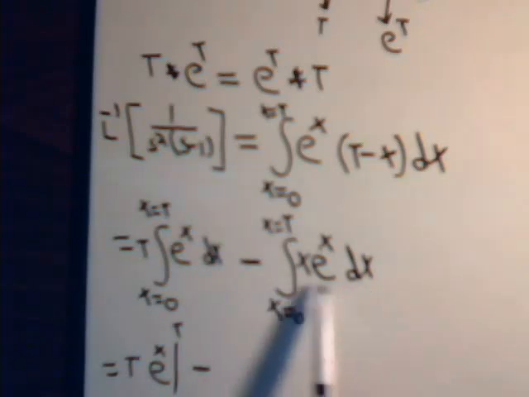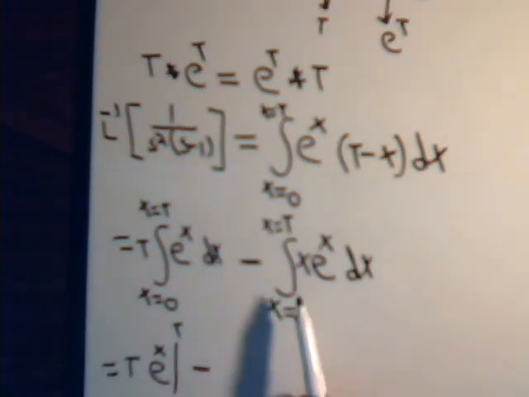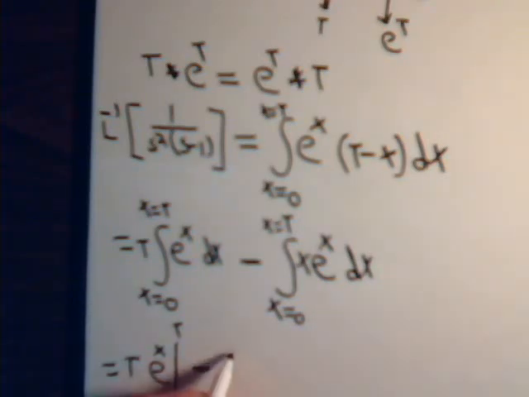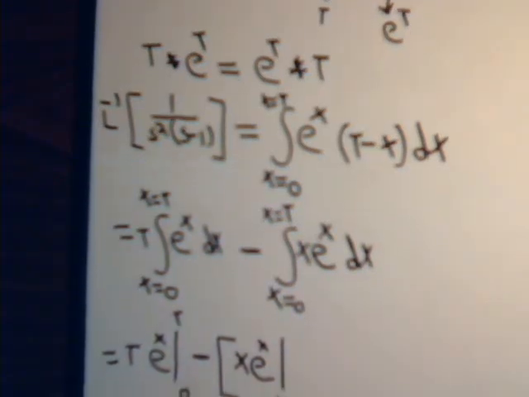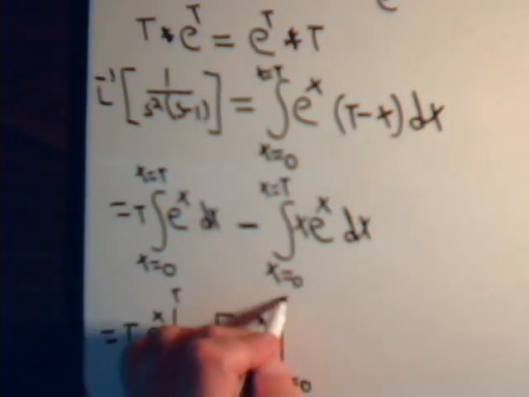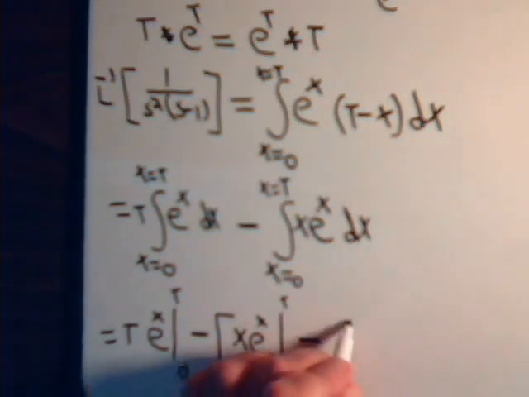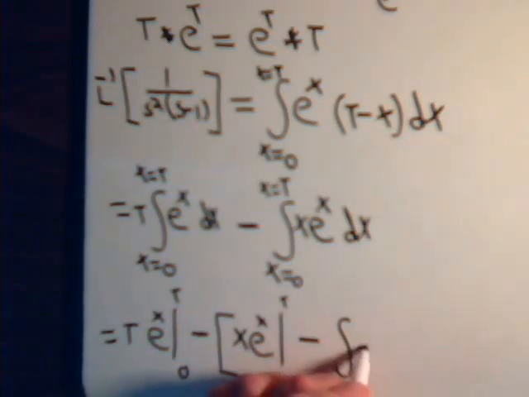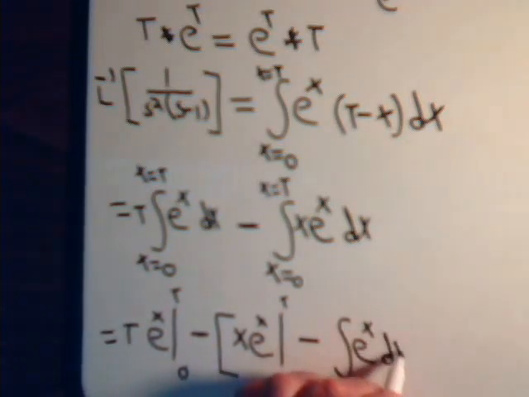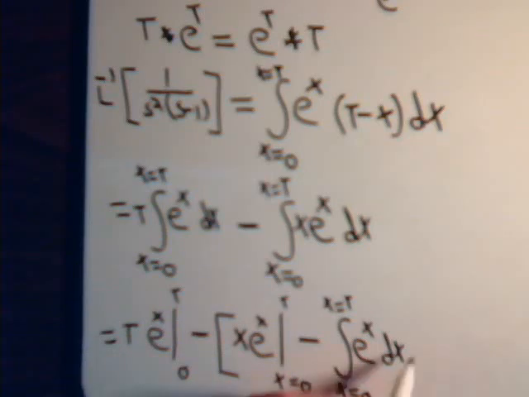We can do this very simply just by integrating by parts, and when we do that, for this we have, let's write it like this, integrate this by parts, we have x e to the x, x goes from 0 to t, and then we have minus the integral e to the x dx, x equals 0 to x equals t.